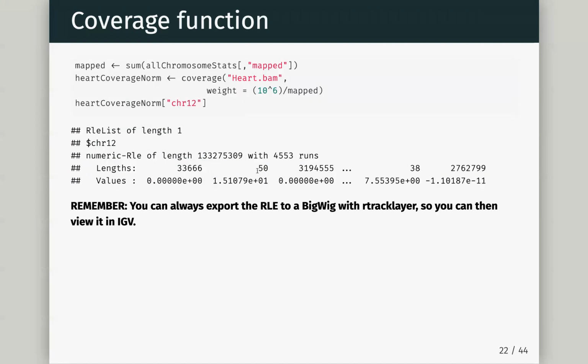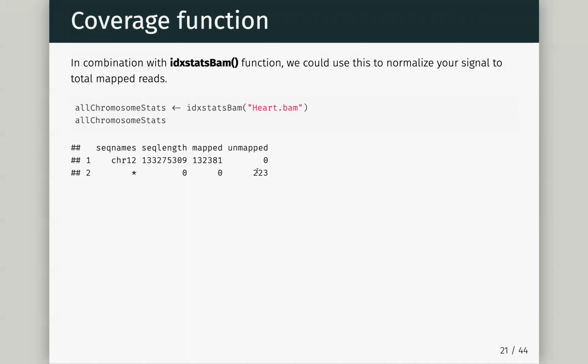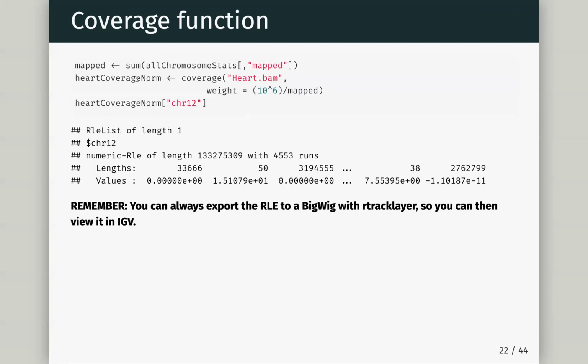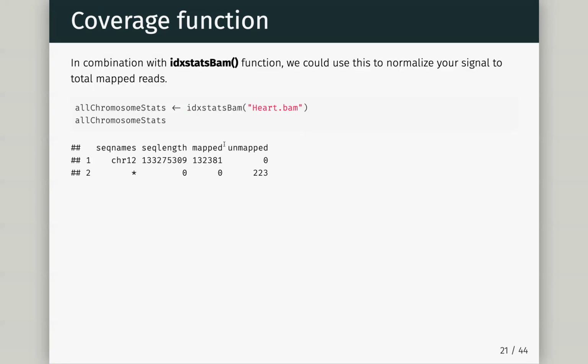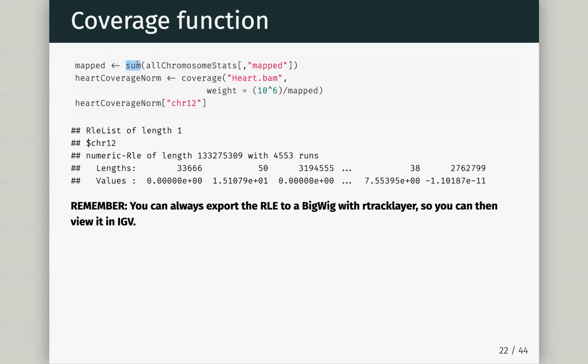So what we can do is apply a weight to our data. Usually we would have a ton of chromosomes, but we've only got chromosome 12 here just because it's example data. What we would do is extract the mapped column from that data frame and get the sum of all the values, so the total mapped reads.